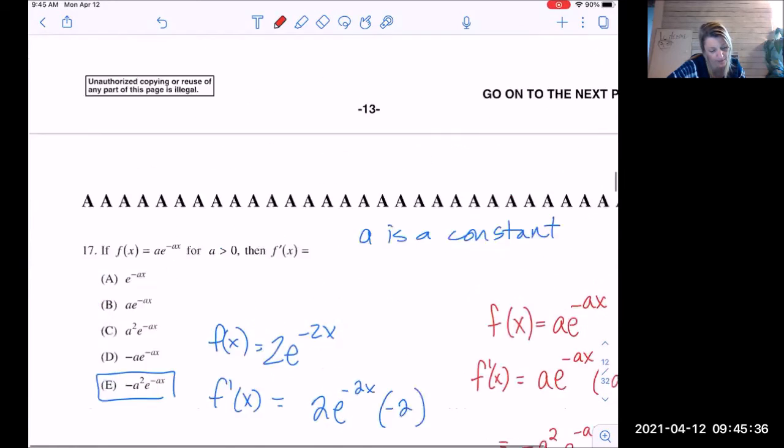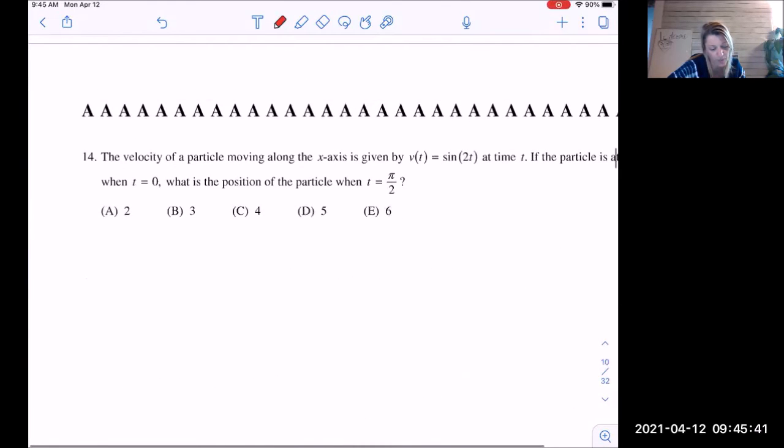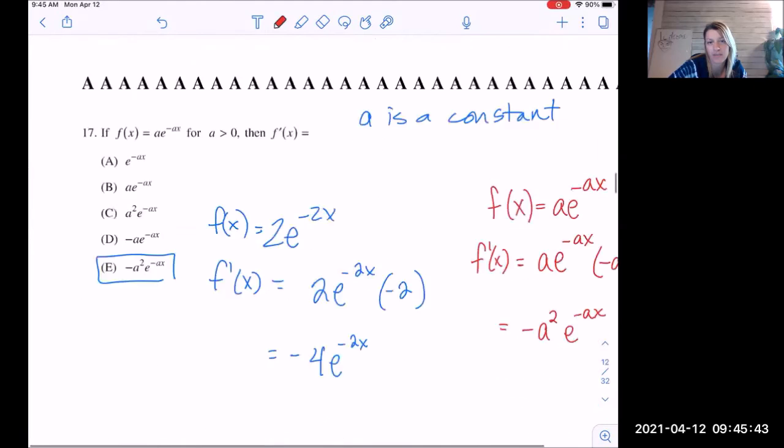Or else I'm not finding other examples. The function is differentiable. Like we often just kind of look over that, right?